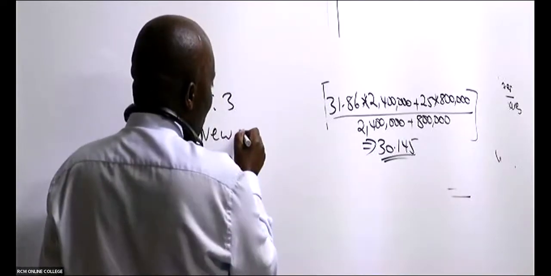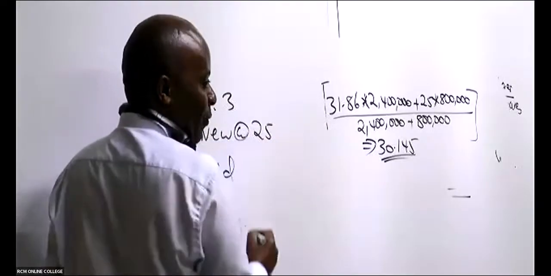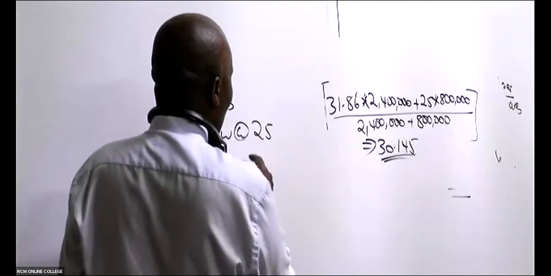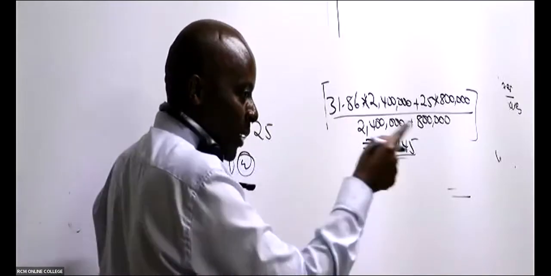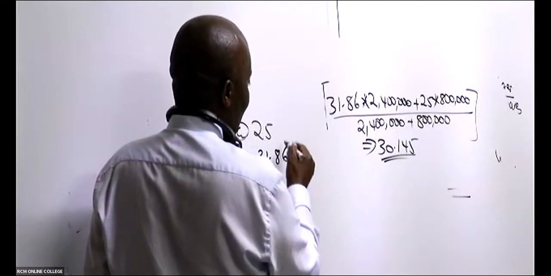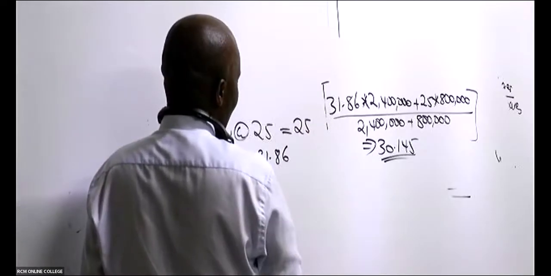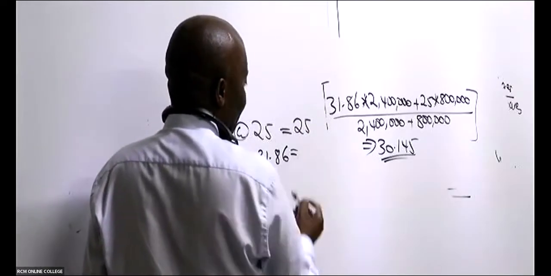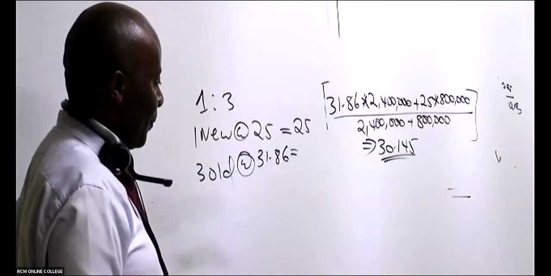So 1 new is the rights share, going for 25. The 3 old are at a price of 30, but because of the cum-rights, it became 31.86. So multiply: 1 times 25 gives 25. How about 3 times 31.86?